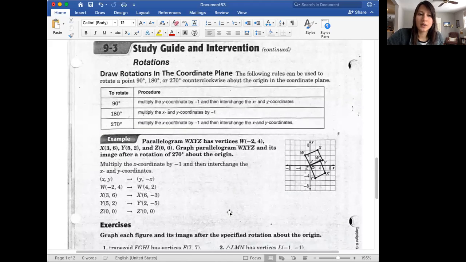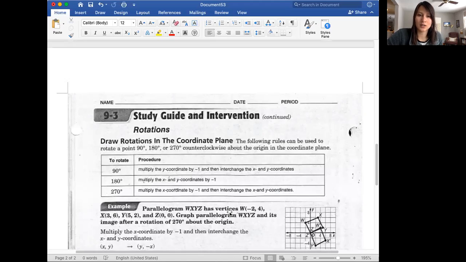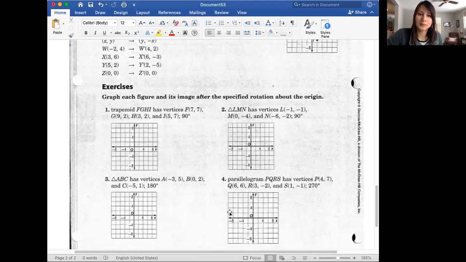So the big part that we're really going to focus on is just the back of this 9-3 study guide. And so I am going to take a few notes with you guys, and I would definitely recommend you put this in your notes. We're going to title this 9-3 rotations. Okay, so when it comes to doing a rotation on a coordinate plane, we are only going to focus on 3 kinds.